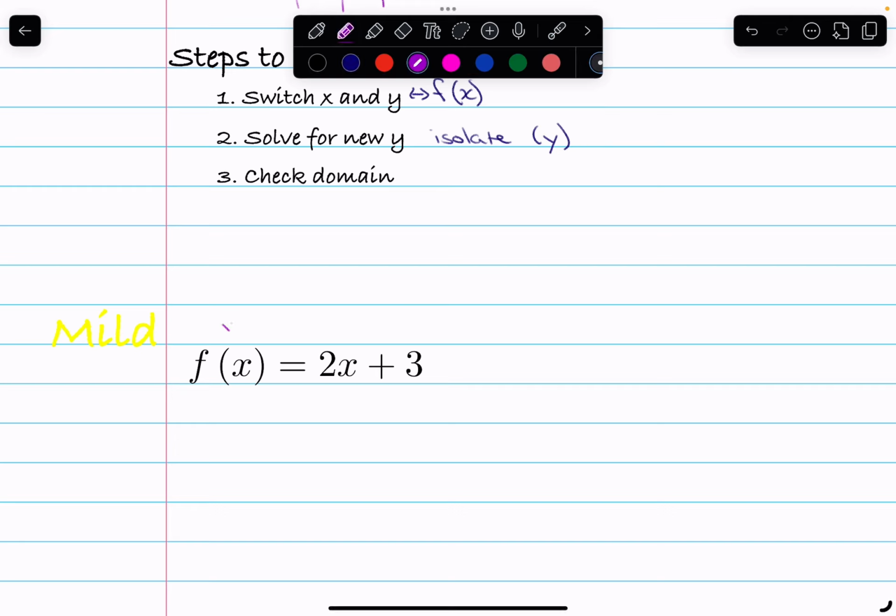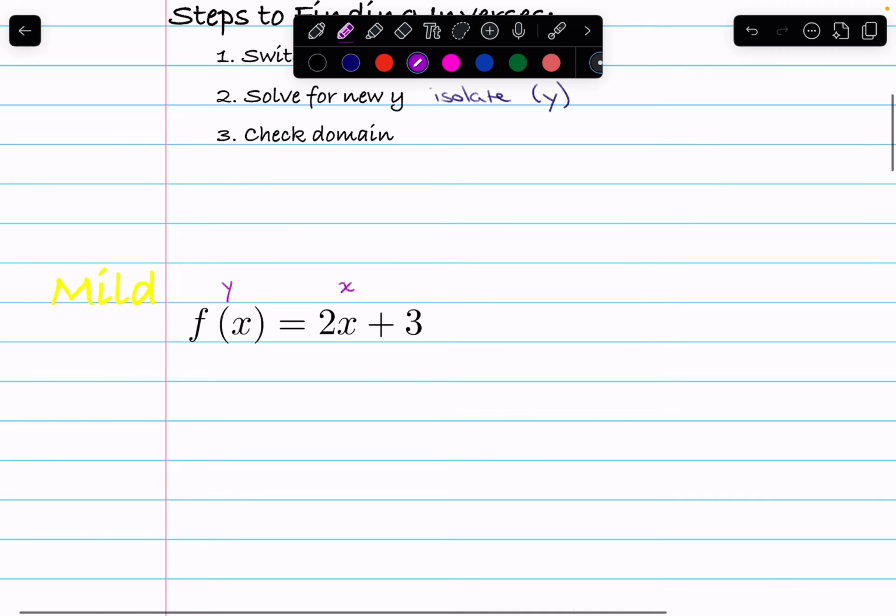Remember, this is a fancy way of saying y, and that's just an x, right? So I'm going to switch places with those. So I'm going to write x over here, switching place, equals 2, my x is going to become my y. So they swapped places, plus 3. So that's kind of like my step 1. I switched my x and my y.